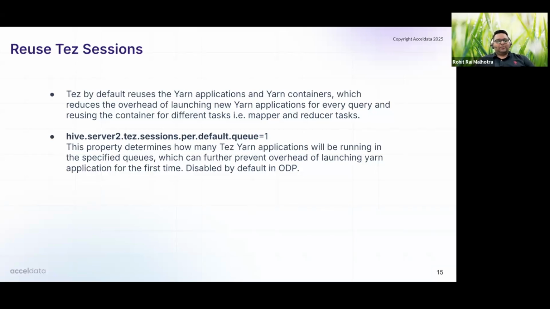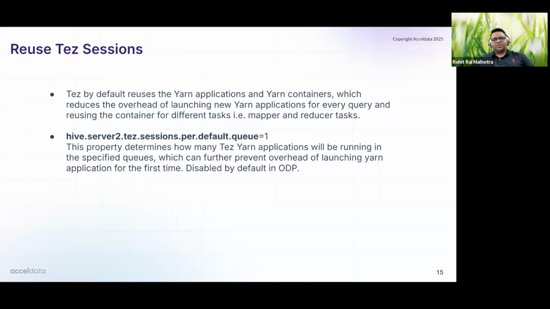As I said earlier, when you open a beeline prompt and run a first query, it waits for the yarn application to come up, and then when the application is up, the query runs in it, and then it does not go down. It waits for the second query to come up. So the launch time of the first query cannot be avoided in this scenario.